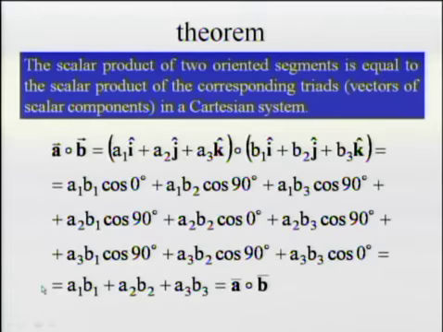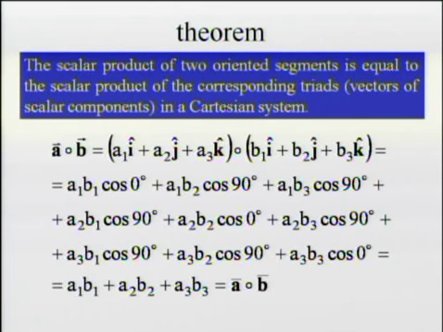Now, A1, A2, and A3 are what? Let's phrase it in English. We gave a name to that. To numbers A1, A2, A3: scalar components of vector A. And B1, B2, B3 are scalar components of vector B. So when I calculate scalar product of two arrows, I can just take scalar components of those arrows in a Cartesian coordinate system and use a scalar product which we define for arrays.